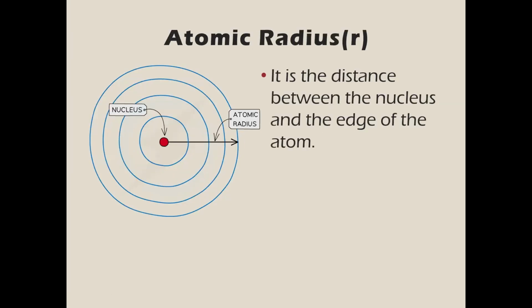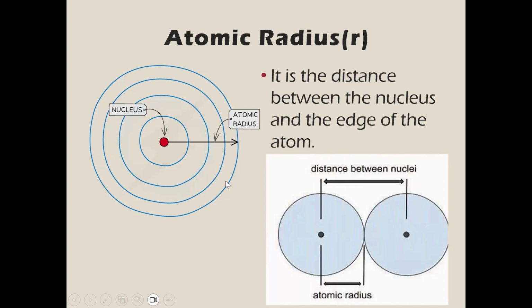Now, the atomic radius, another trend in the periodic table. The atomic radius is the distance from the nucleus to the edge of the atom. But in fact, the edge of the atom cannot be measured because, as I mentioned last time, electrons are moving in clouds, so it's very hard to know exactly where the edge of the atom is.